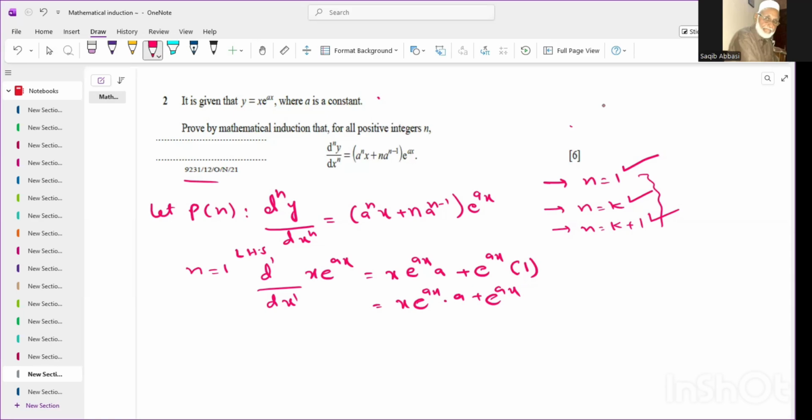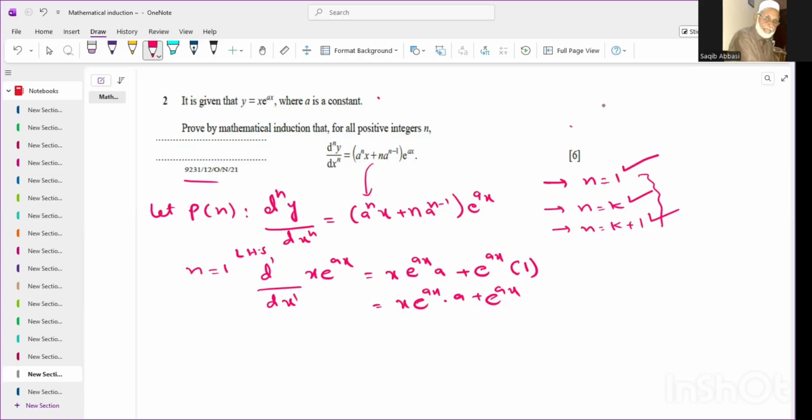First of all, we let Pn. This first step is the same as it is. Here we take its left hand side. For the left hand side, we put n equal to 1, so d1 over dx1 of x e power ax, we take its first derivative.